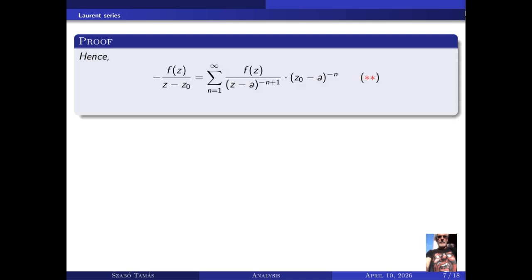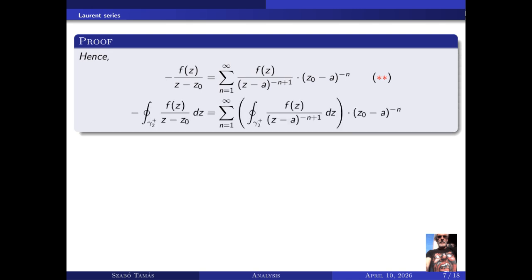Hence, minus f of z divided by z minus z0 equals the sum from n equals 1 to infinity of f of z times (z minus a) to the power minus n plus 1 times (z0 minus a) to the power minus n.